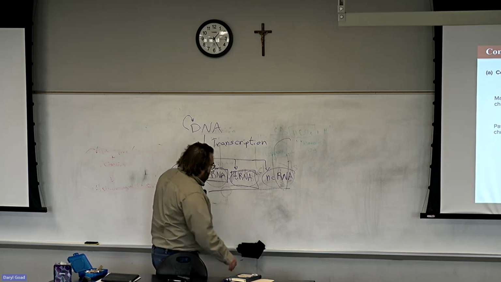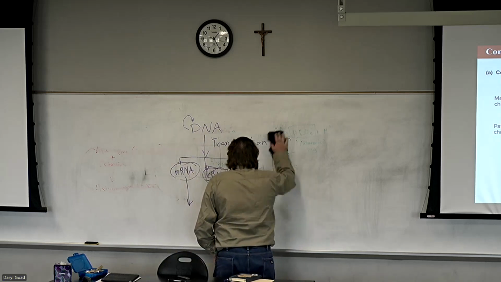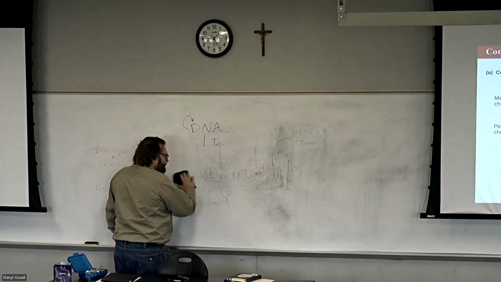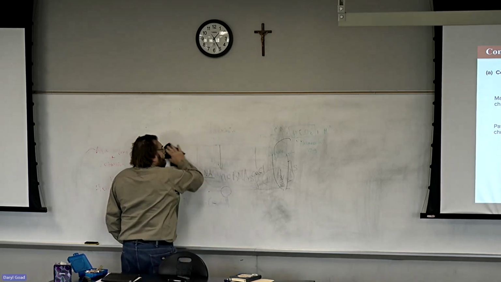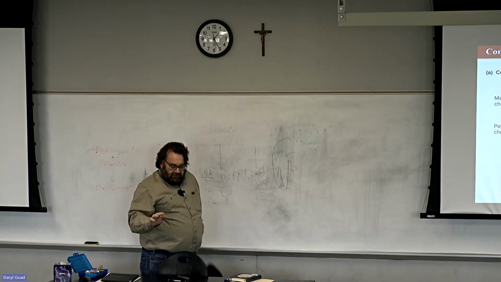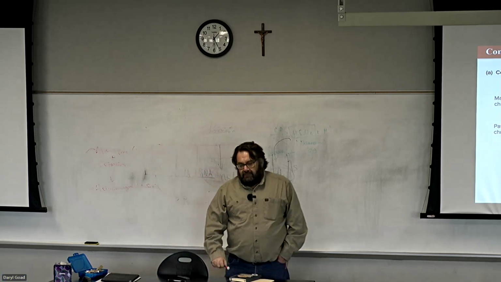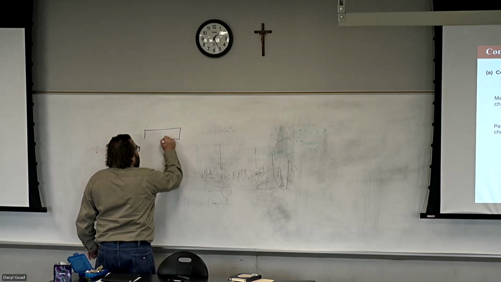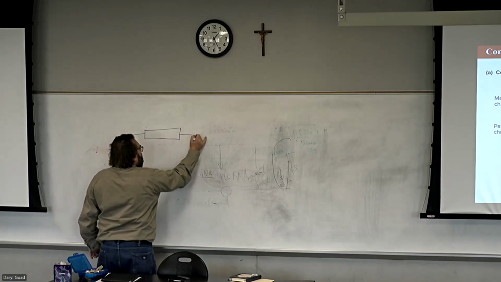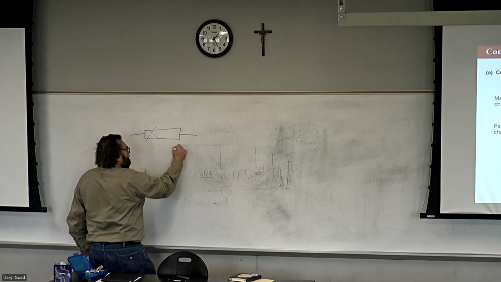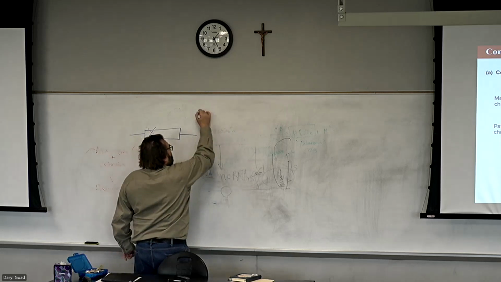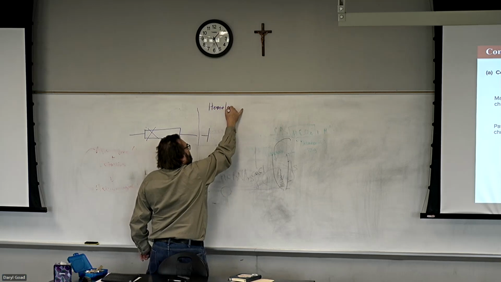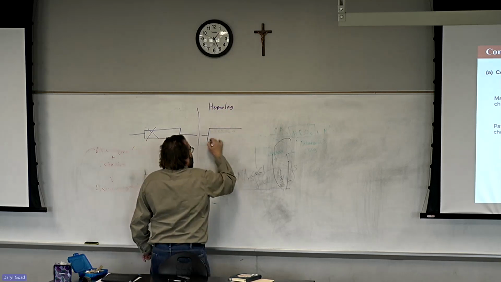Imagine this. Let me erase some of this. If I have different mutations that give the same phenotype, one possibility, and this is the homolog here, I'll put the homologous chromosome over here.